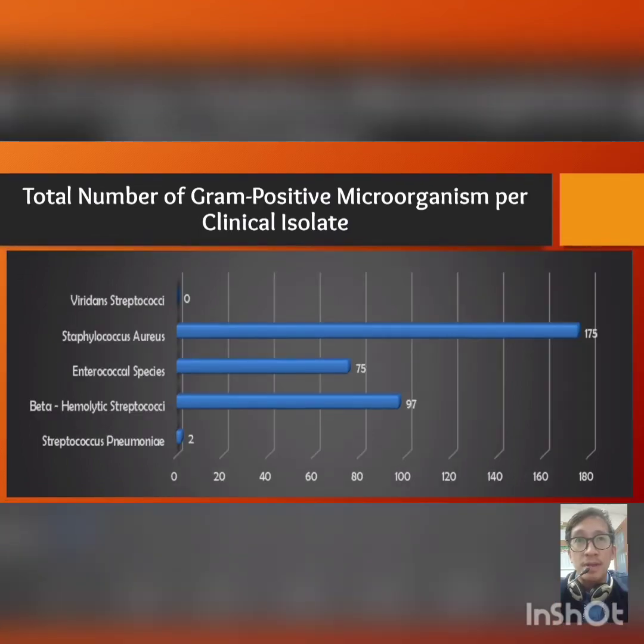While for gram-positive microorganisms per clinical isolate, as I have mentioned, it's Staphylococcus aureus with 175, followed by beta hemolytic streptococci with 97 and enterococcal species with 75.